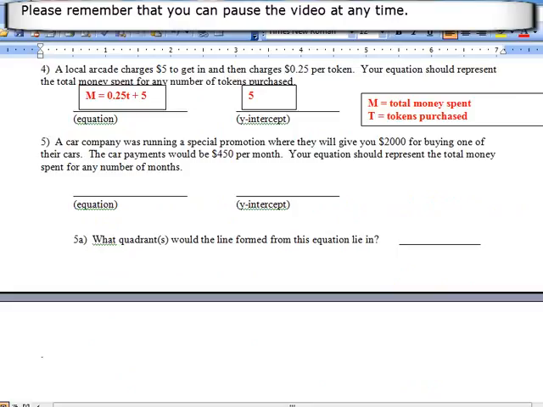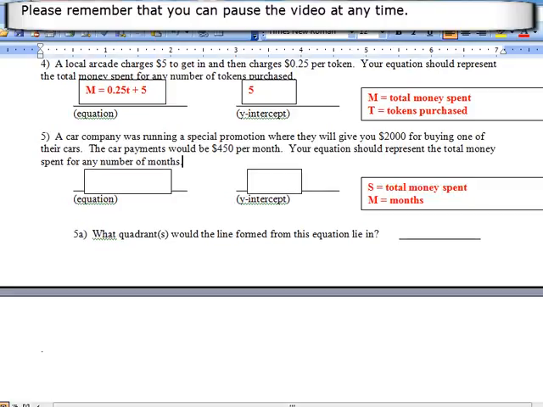Number 5 reads, a car company was running a special promotion where they will give you $2,000 for buying one of their cars. The car payments would be $450 per month. Your equation should represent the total money spent for any number of months.